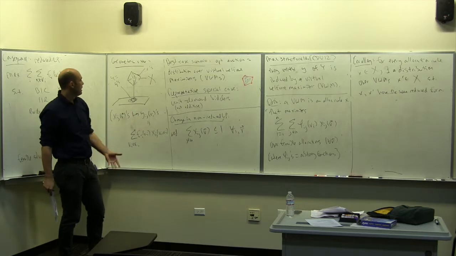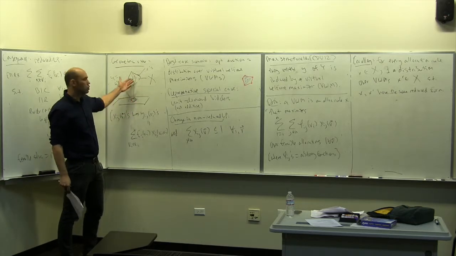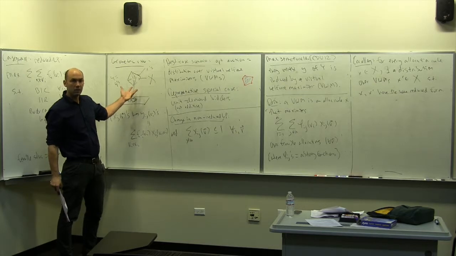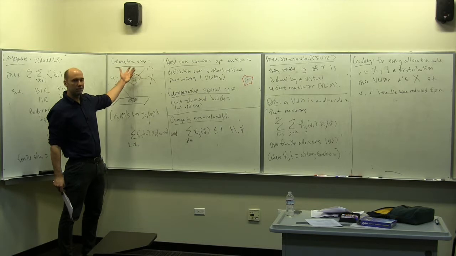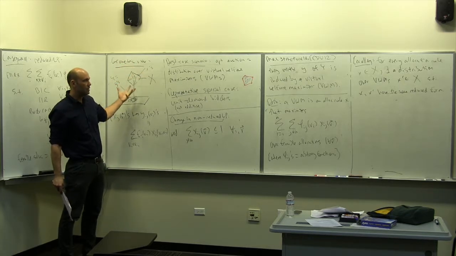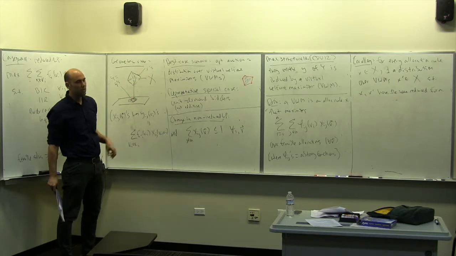Okay? And now, because everything's linear, you just go back upstairs and you say, okay, well, for each of those three corners, let's look at the virtual welfare maximizer that induces them, and let's just take 20% of the one plus 30% of the other plus 50% of the third as proper allocation rules, and lo and behold, that distribution over virtual welfare maximizers, that mechanism, induces the same reduced form that we started with, okay, the same reduced form of the allocation rule X that we began with, right?